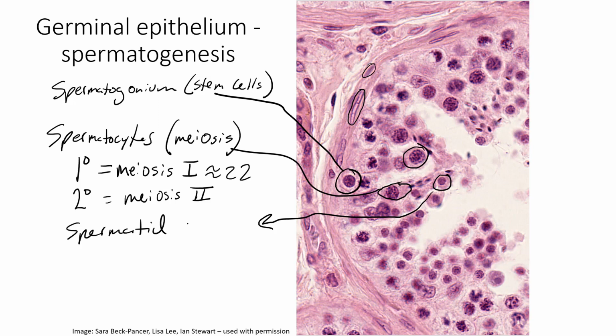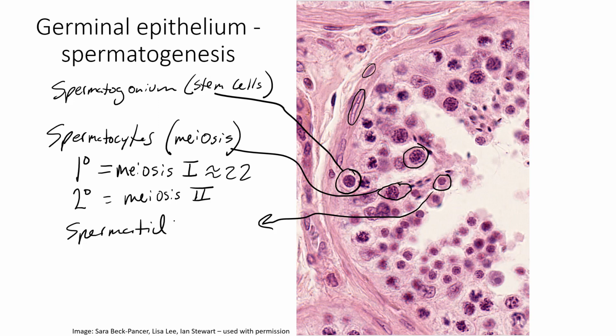So a spermatid is all done with meiosis. It's a haploid cell, so it's going to have 23 chromosomes, each with just one chromatid. So all done with meiosis, but it still has some morphological development to undergo. A spermatid is not capable of fertilizing an egg. It has to be a spermatozoan.